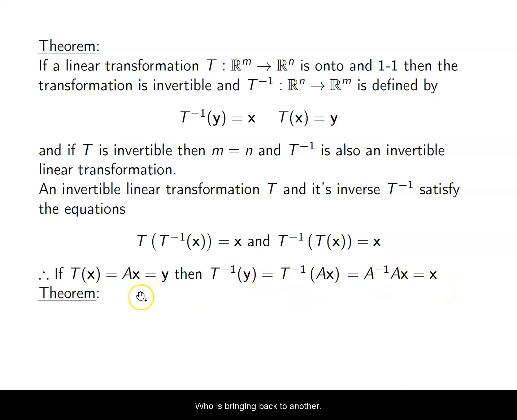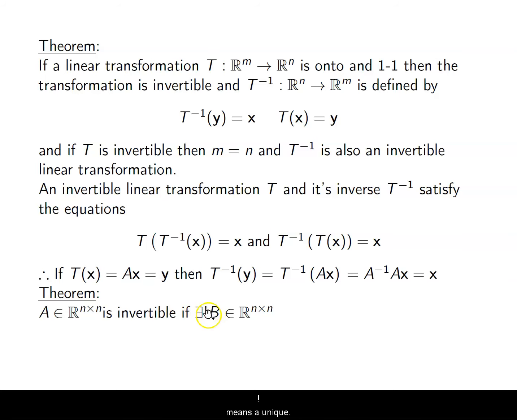Okay, so let's bring it back to another theorem. If I have an n by n real matrix that I call A, and it is invertible, so this symbol right here means that there exists. The exclamation mark means a unique.